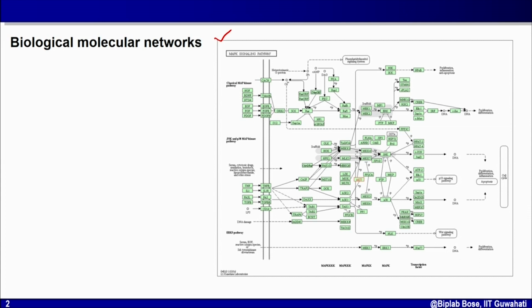Let us look into those issues, and some of these issues will cause a difficulty in creating mathematical models. The first important issue in this type of molecular cellular processes is that these processes involve a large number of molecules, in hundreds sometimes. If you have a large number of molecules, and you want to consider the concentration of each of these molecules as a dependent variable changing with time, then you have so many ordinary differential equations.